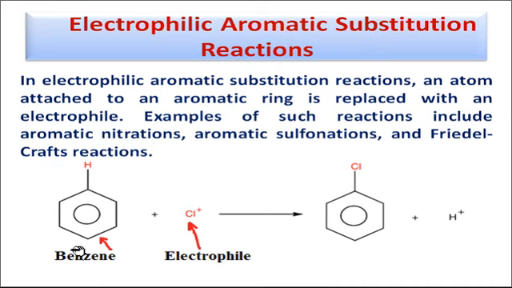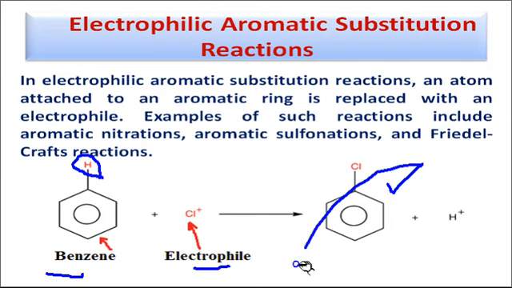In this example, when benzene is reacted with the electrophile Cl plus, this electrophile attacks onto the carbon atom of the benzene ring, and this hydrogen is replaced by chlorine. So chlorobenzene is formed as a substituted product in this reaction.